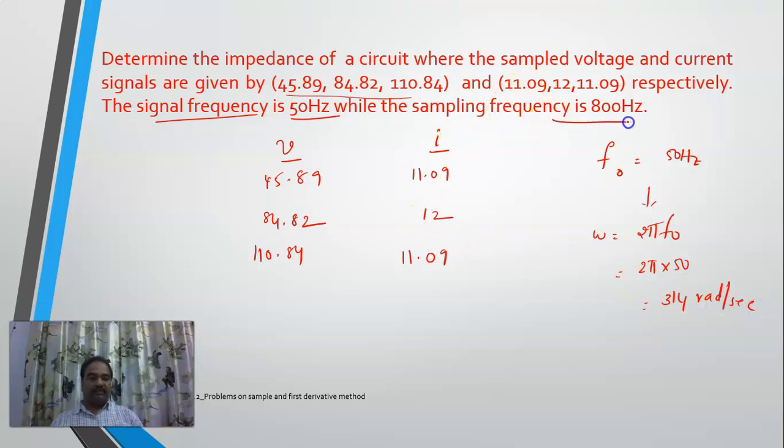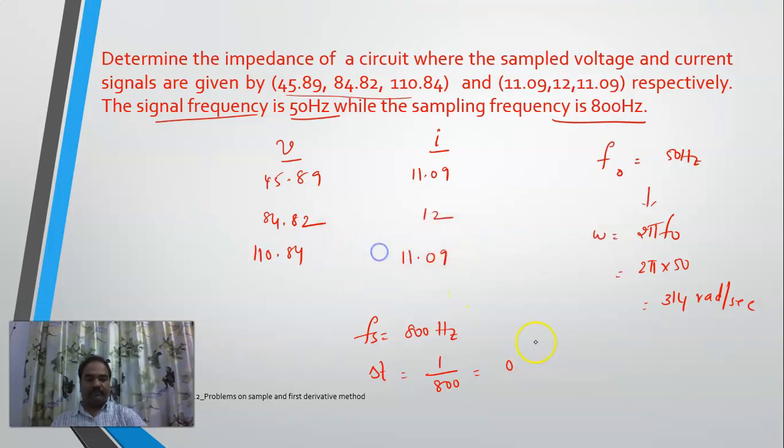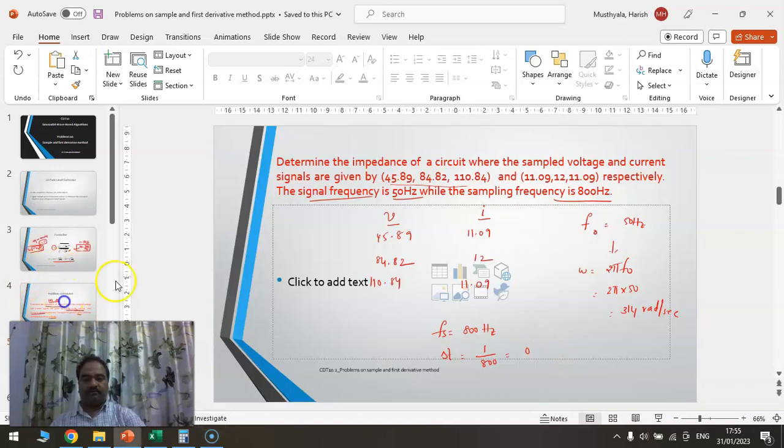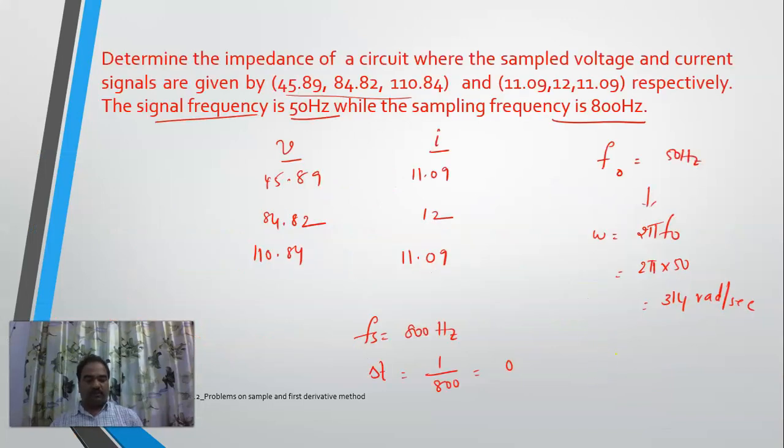Now, the other data which has been given for me is the sampling frequency, 800 Hz. From this I can determine delta t, which is equal to 1 by 800. It is somewhere around 0.00125 seconds.